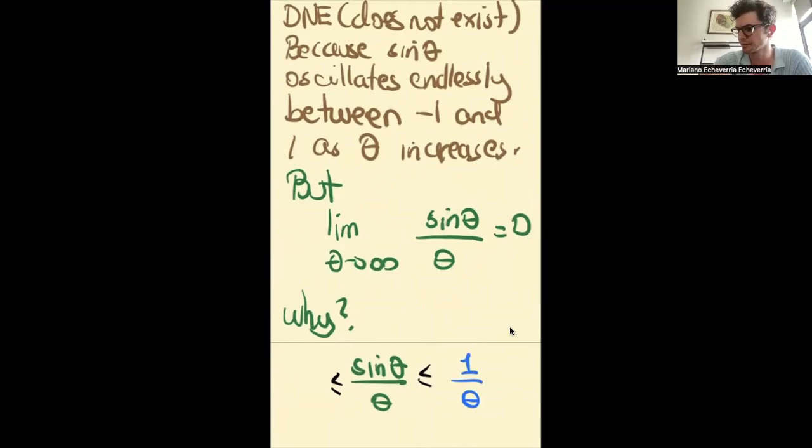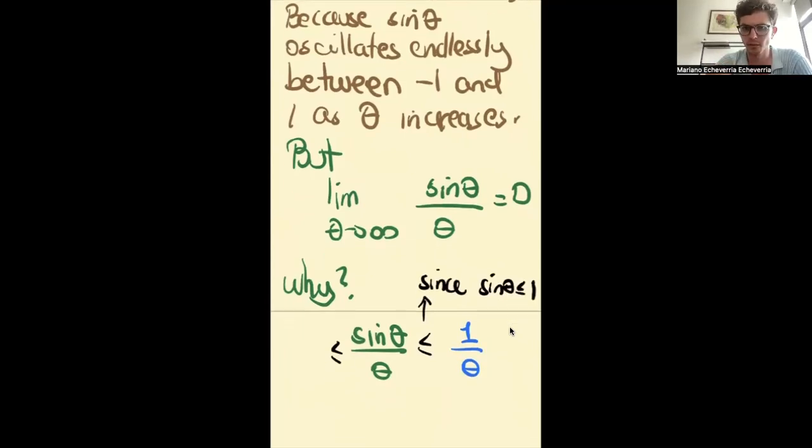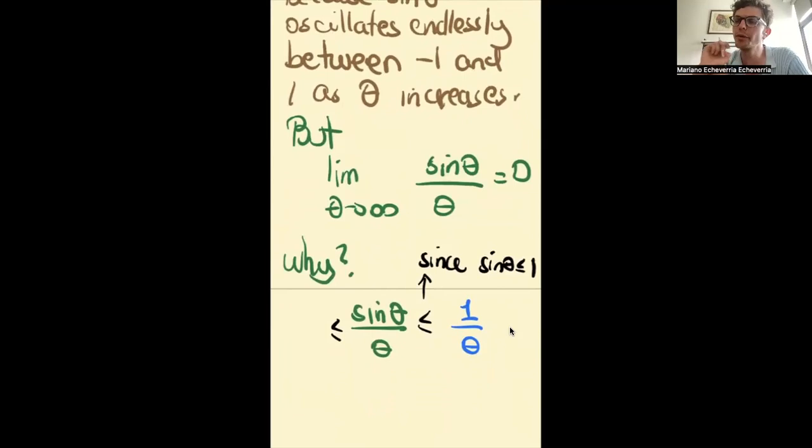Is that making sense? We know that the numerator, the most it can be is 1. So whatever we have here in the middle, sine of theta over theta, the most it can become is 1 over theta. Is that okay with everyone?